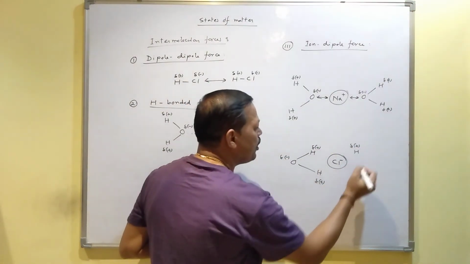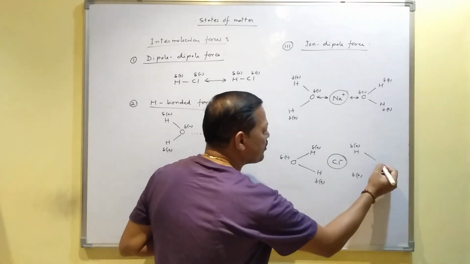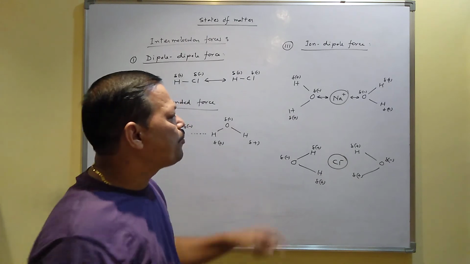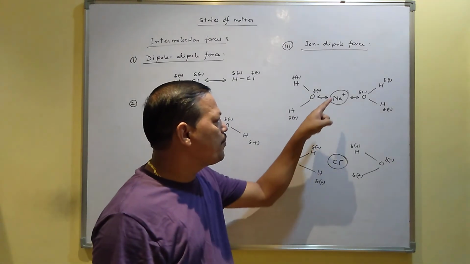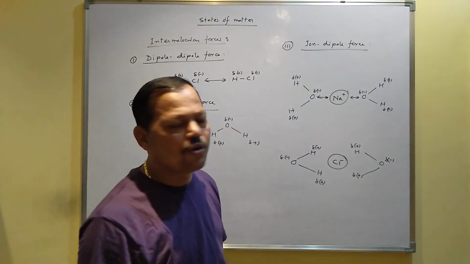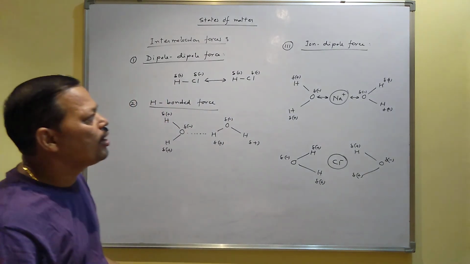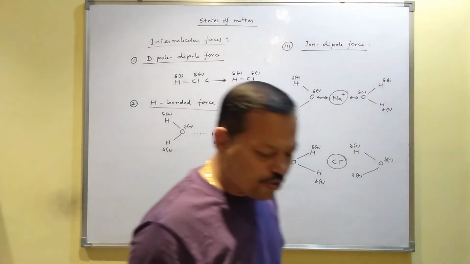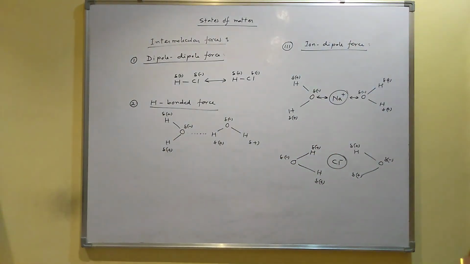Automatically the molecule will move this way. So this type of force which takes place in between an ion and a polar molecule is called ion dipole force of attraction. So I have given three forces of attraction: dipole force of attraction, hydrogen bonding force of attraction, and ion dipole force of attraction.